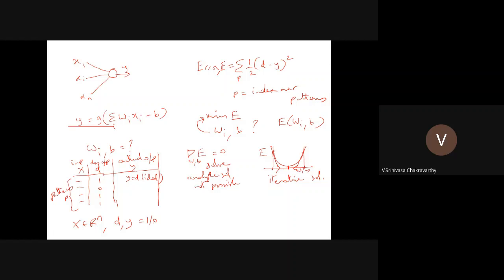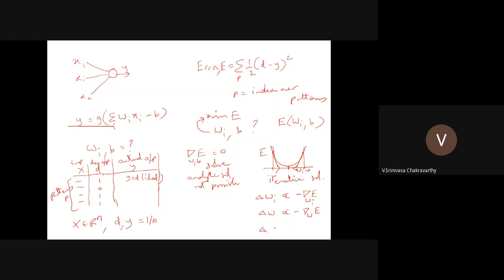Moving to the right means increasing W, and moving to the left means decreasing W. So when the derivative is negative, you increase W, and when the derivative is positive, you decrease W. This can be captured simply as a learning rule: delta W is proportional to the negative of the derivative, which is del E with respect to W. This is true for the entire vector, so you can take delta W as a vector equal to minus del of E with respect to W.